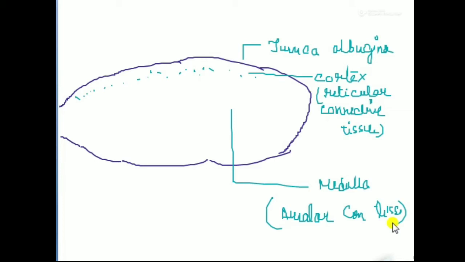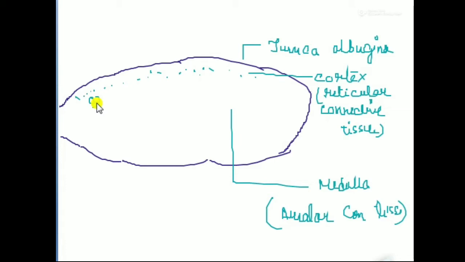If you see the structure, there are various stages of follicle present here. Firstly, there is the primary follicle. What is a primary follicle? Actually, every month one follicle matures into a Graafian follicle and the others remain the same.